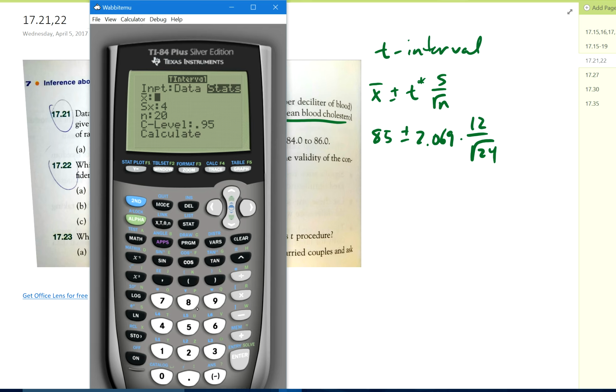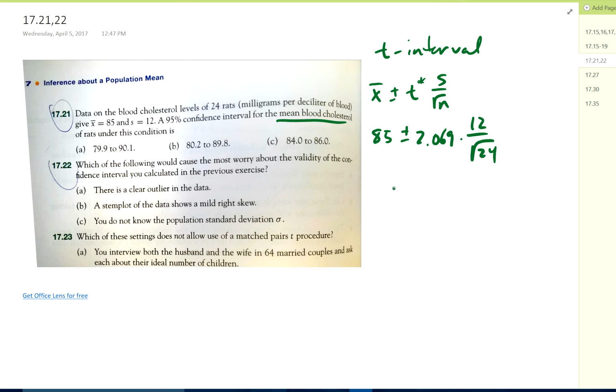X bar was 85, standard deviation is 12, sample size is 24, confidence level is 95, calculate, and there's my interval, 79.9 to 90.1.